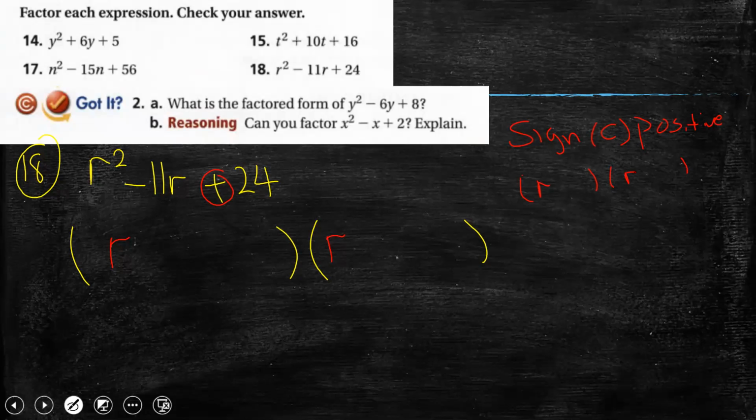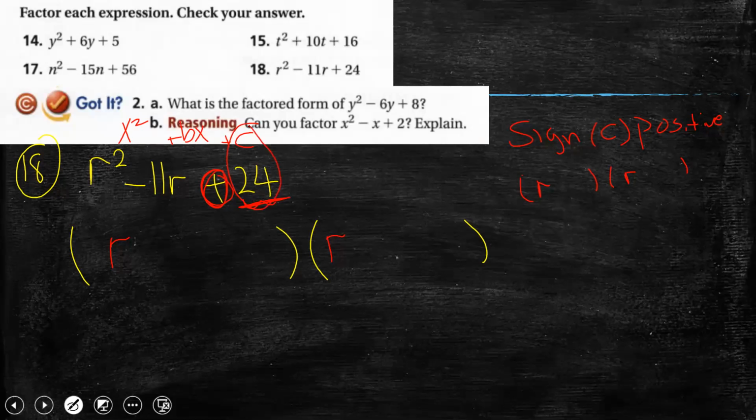Where did you bring the sign of c from? Here it is positive. See, this is c, 24, which we said yesterday, in x squared plus bx plus c. This is c.